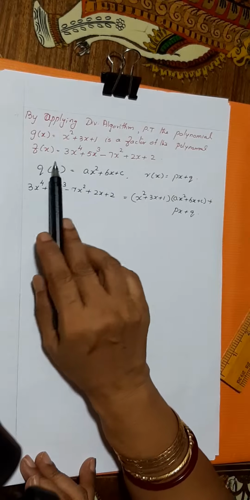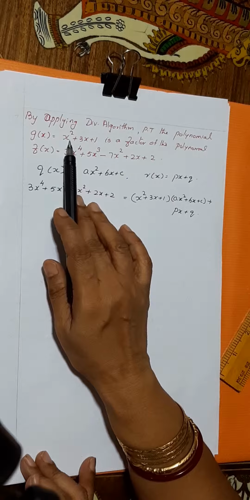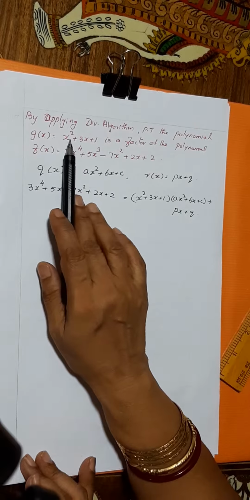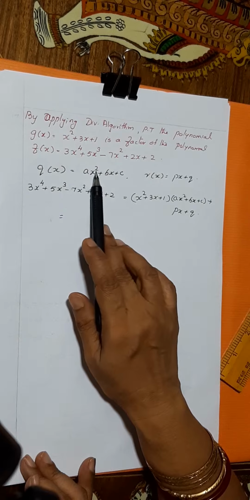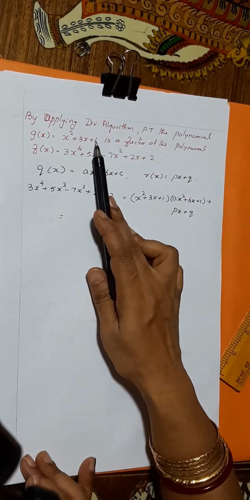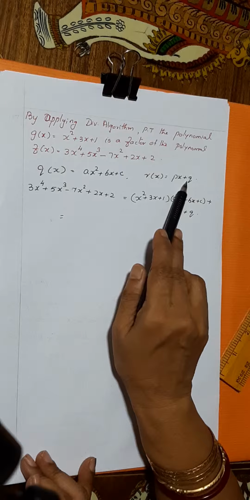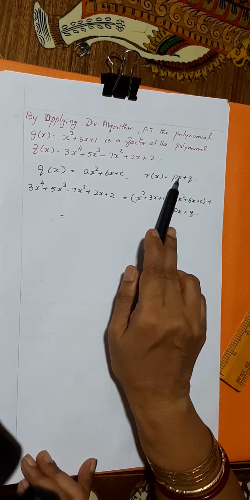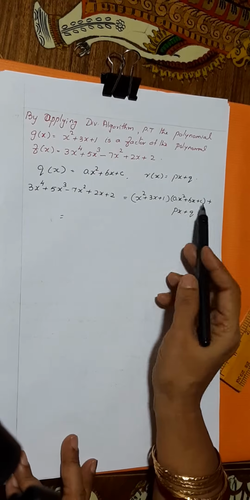Since the dividend is degree 4 and the divisor is degree 2, the quotient will be of degree 2, so ax squared plus bx plus c. The divisor degree is 2, so the remainder degree will be linear only, a linear polynomial, so px plus q. So applying the division algorithm.